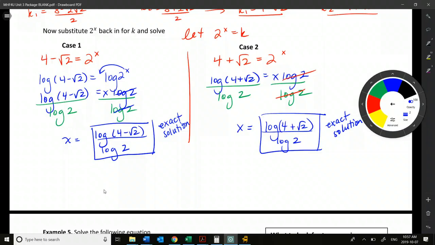So you won't always get two cases like this. You might get to the point where you're testing both cases, but one of them or even both of them could resolve in something that causes us to take the log of a negative, which tells us that that particular root that we found is not a possible root. Okay? If we calculate this, did anybody calculate these and get the decimal values here?